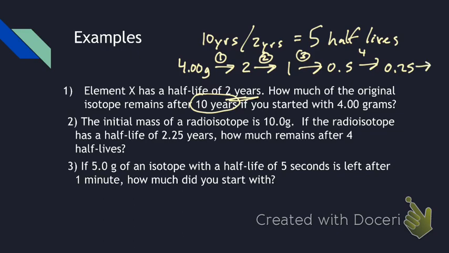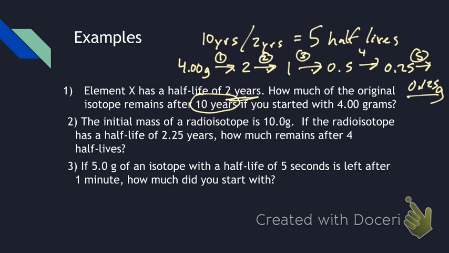And then the 5th half-life would have been 0.125, right? So that's how I could solve it. 1, 2, 3, 4, 5 half-lives, so I have 0.125 grams left. So that's how it could be easily solved, and you end up with 0.125 grams.